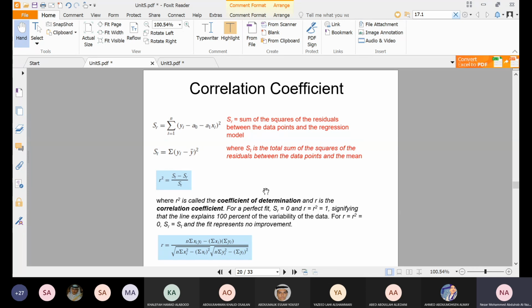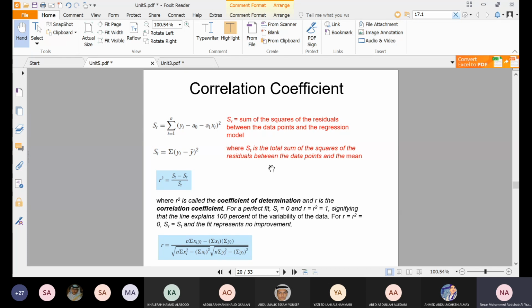Also next class, inshallah, we'll talk about the correlation coefficient. It is used to give us a measure of the errors of our fitting, how perfect this fitting is.